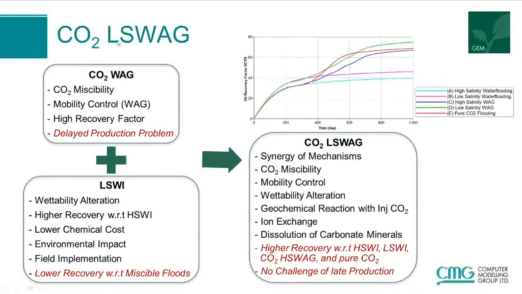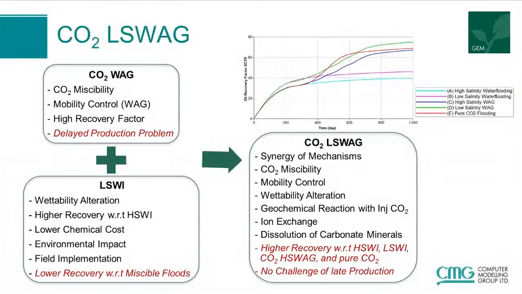If you combine carbon dioxide with low salinity water injection, you can promote a synergy of mechanisms. We have carbon dioxide miscibility on one side to improve the displacement efficiency. We use the WAG type of process to control the mobility of the gas, and we also take advantage of the wettability alteration due to the geochemical reactions with the injected carbon dioxide, ion exchange, and the dissolution of carbonate minerals.